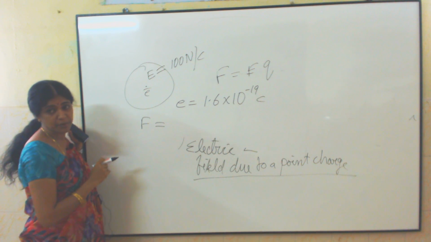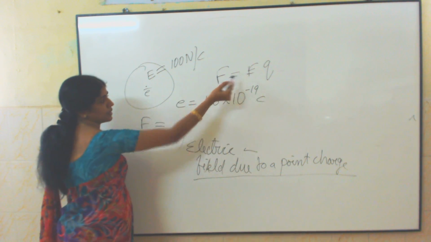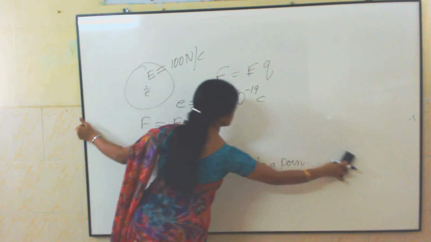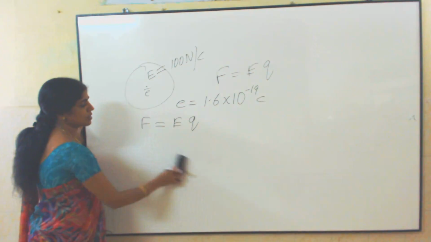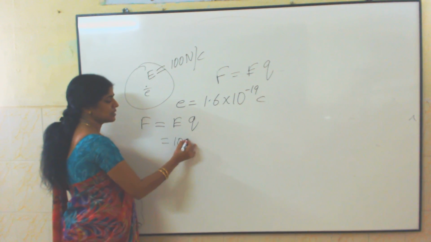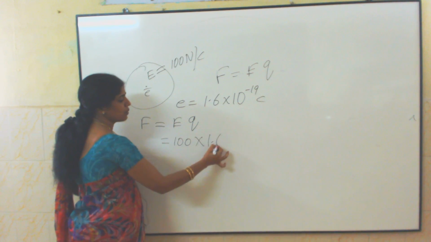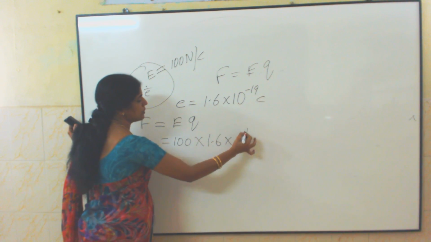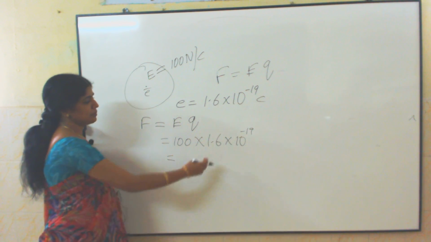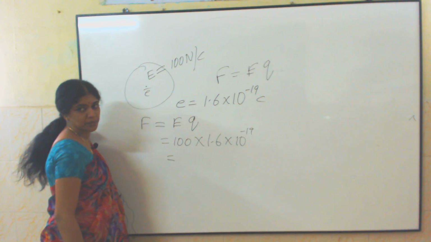It is given by the formula F equal to E times Q. So, what is the force gained by this electron which is kept in a uniform electric field? E value is 100 into 1.6 into 10 power minus 19. So, what is its value? Multiply this 1.6 into 100.